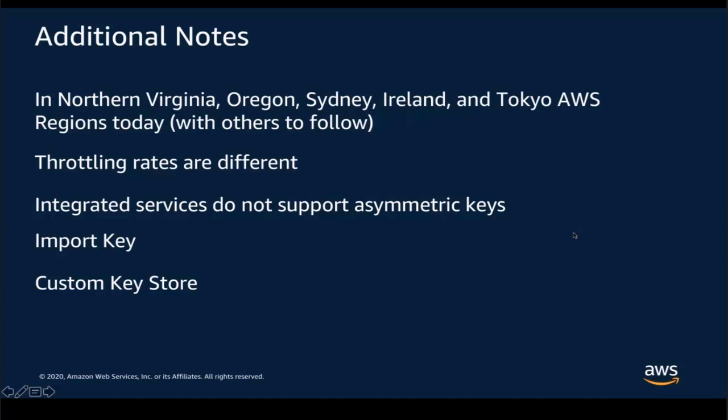For asymmetric CMKs, generating them in CloudHSM is not supported. And then finally, key rotation. For symmetric CMKs, you have the option of specifying whether or not you want the CMK to be rotated within KMS automatically. That key rotation is not automatically supported with asymmetric CMKs.